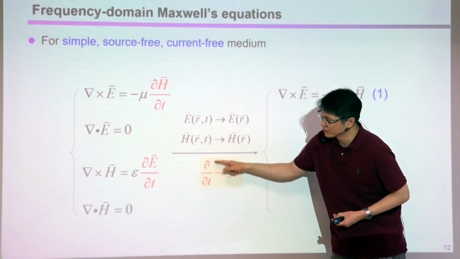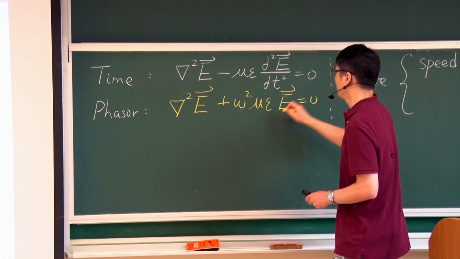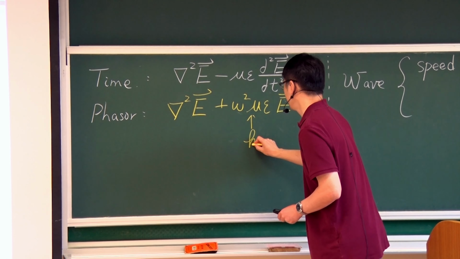So this is dramatically different as compared to the wave equation in the time domain. In the time domain, you see this time, right, explicitly, but now you no longer have time, but you do have frequency. And this is called k squared.